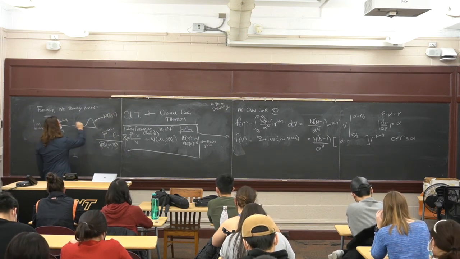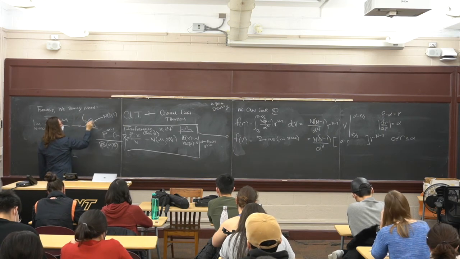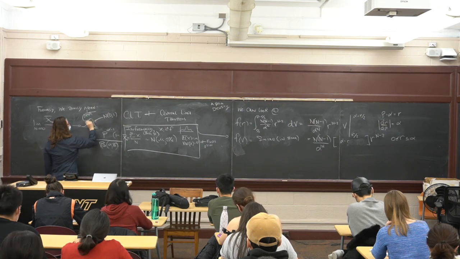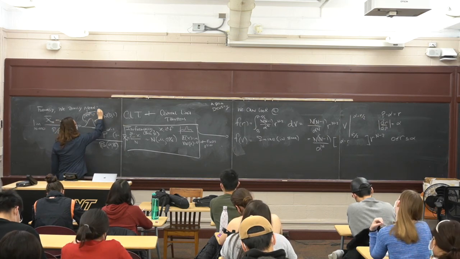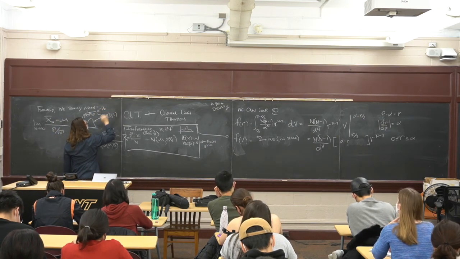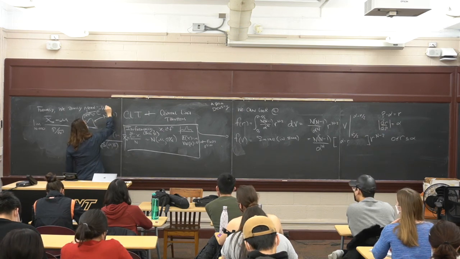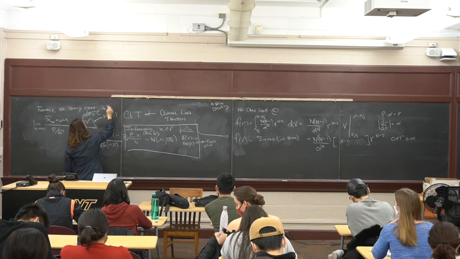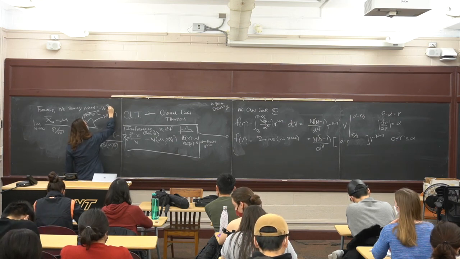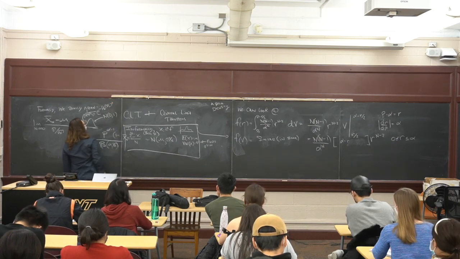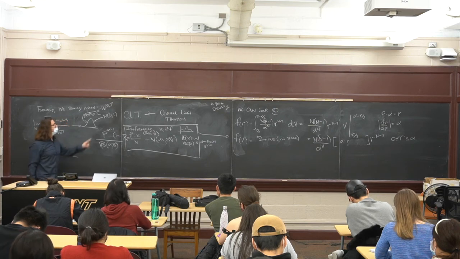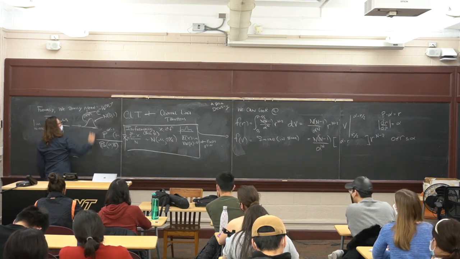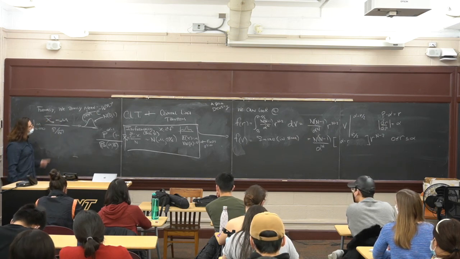So this density right here looks like 1 over square root 2 pi sigma e to the minus 1/2, and I'll just write down whatever this random variable is, x bar n, squared. The mean is 0, the variance is 1, so there's a 1 right there. So it follows this shape.